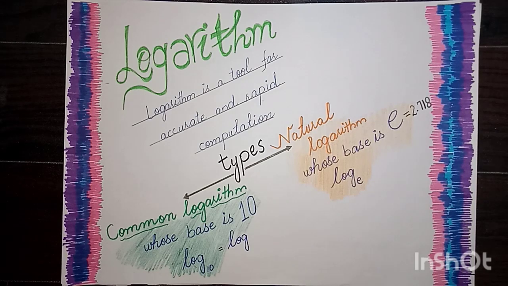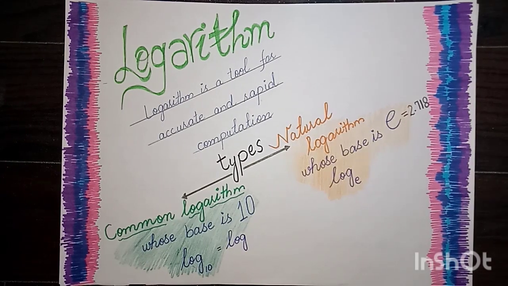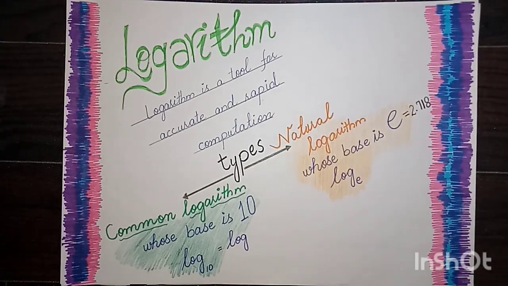So basically logarithm allows for the computation of large and small range of numbers in a very small and manageable scale. There are a lot of types of logarithm, but here we will discuss a few types.